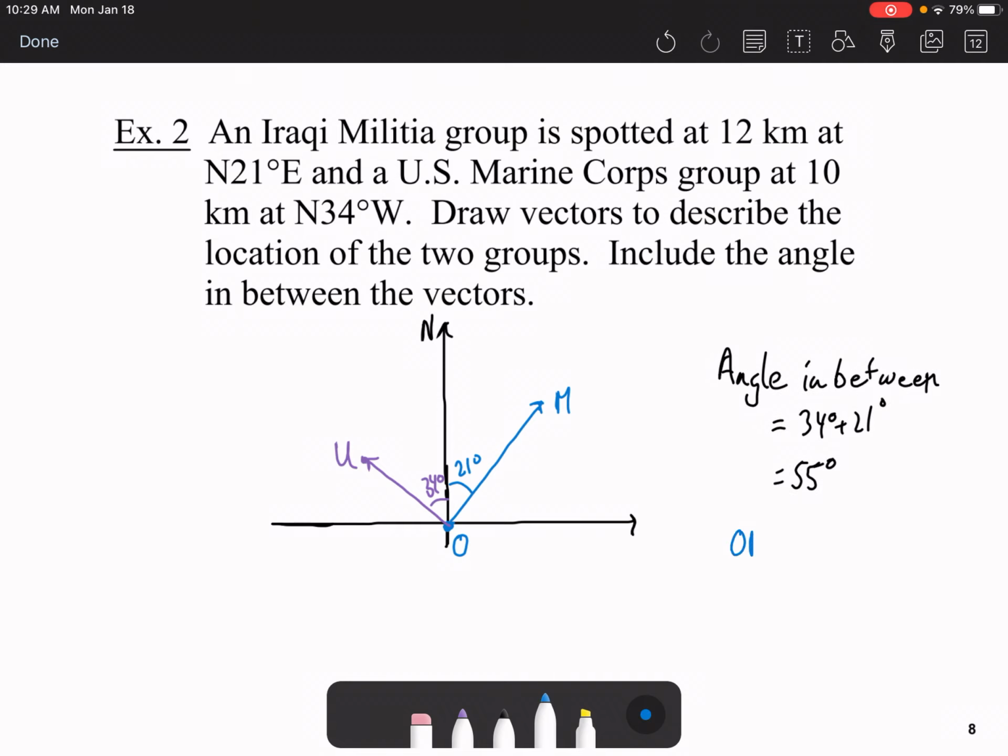So the vector OM is 12 kilometers at north 21 degrees east. And the vector OU is 10 kilometers at north 34 degrees west. And there we go. And thus concludes lesson 6.1.